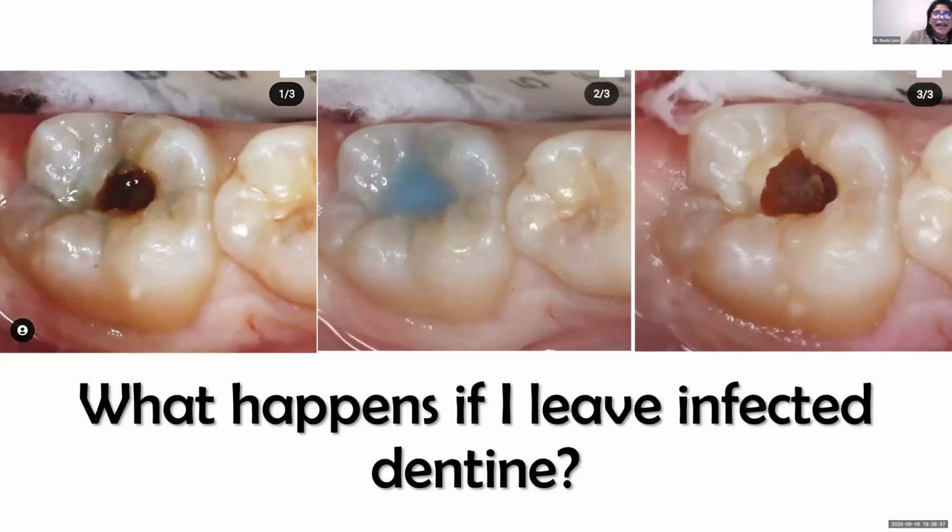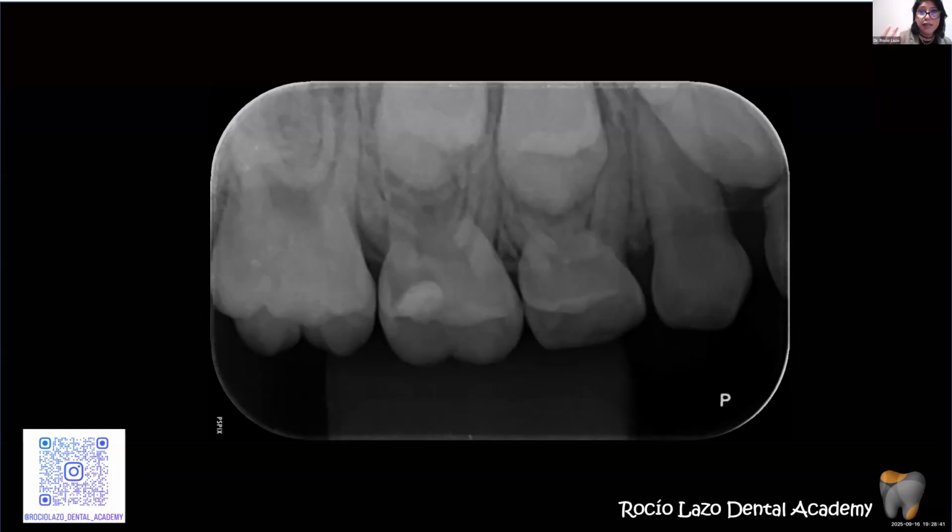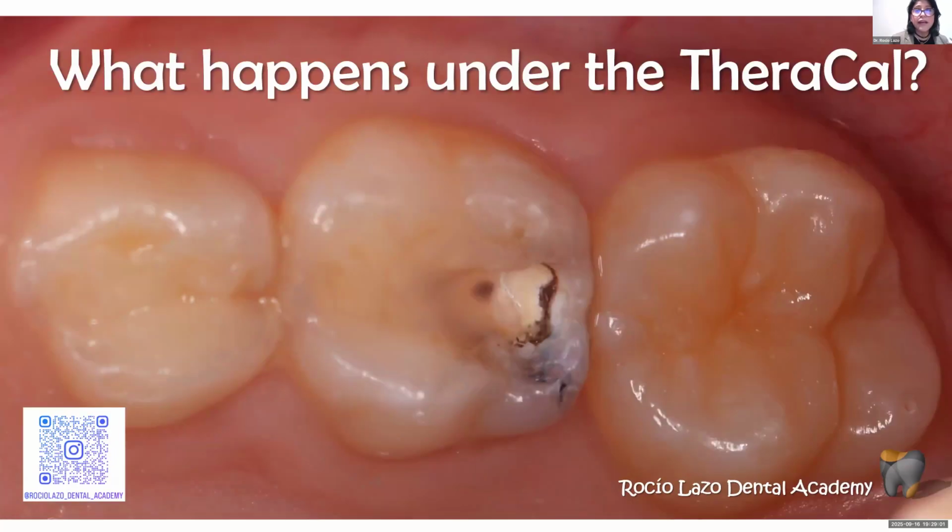What happens if you leave infected dentin? If you leave infected dentin, you will check in the next X-rays. Look here, this is a restoration with a regular glass ionomer with only fluoride ion. And if you don't remove all the infected dentin and say, okay, I'm only going to remove the walls and not all the floors, okay, this is what happens.